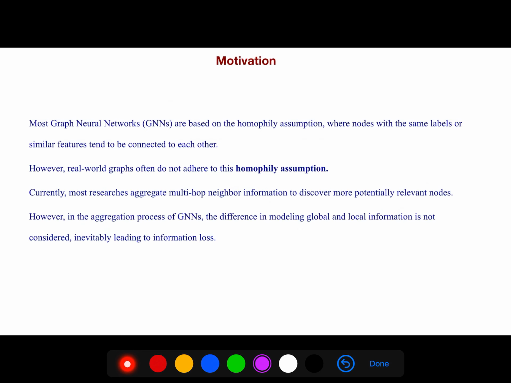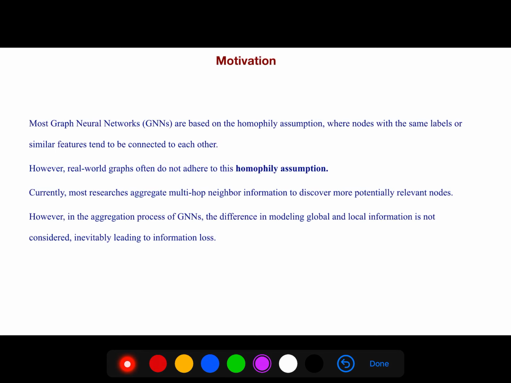Most graph neural networks are based on the homophily assumption, where nodes with the same labels or similar features tend to be connected to each other. However, real-world graphs often do not adhere to the homophily assumption. Currently, most researchers aggregate multi-hop neighbor information to discover more potentially relevant nodes.